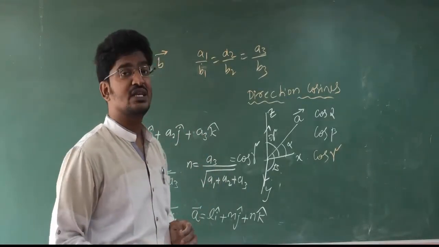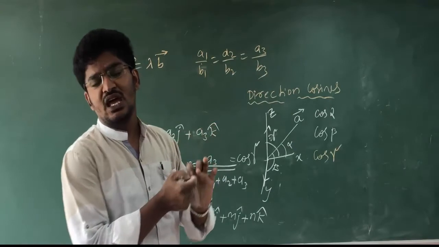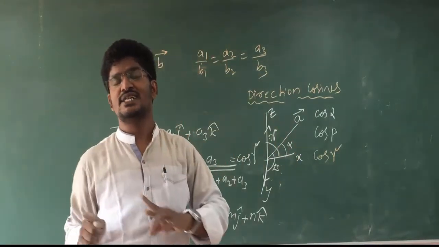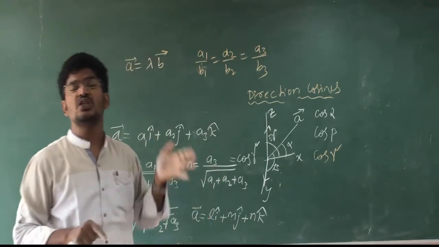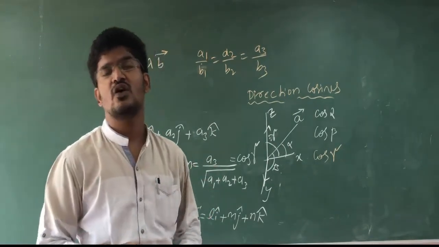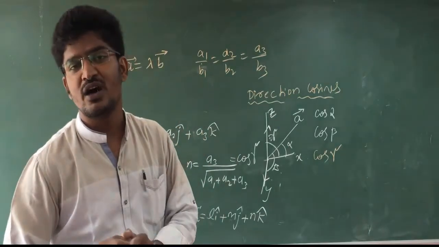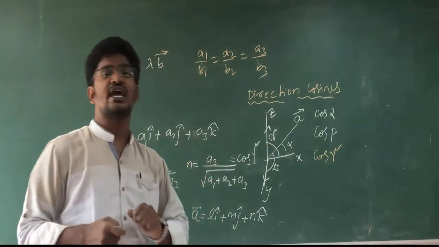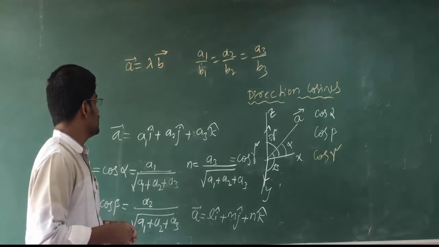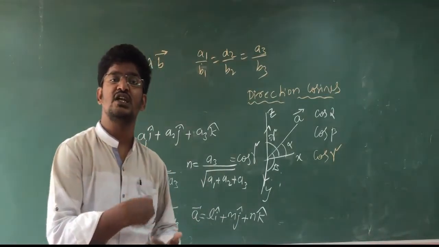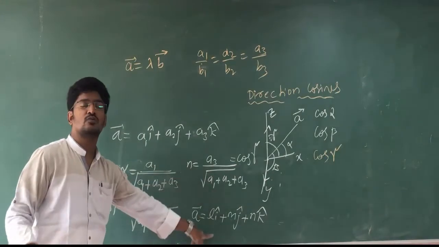Direction cosines means for a given vector A, it defines three angles with the x-axis, y-axis and z-axis. Those three angles, cos alpha, cos beta and cos gamma, are called direction cosines. How to define direction cosines using the direction ratios? These are the three formulas.